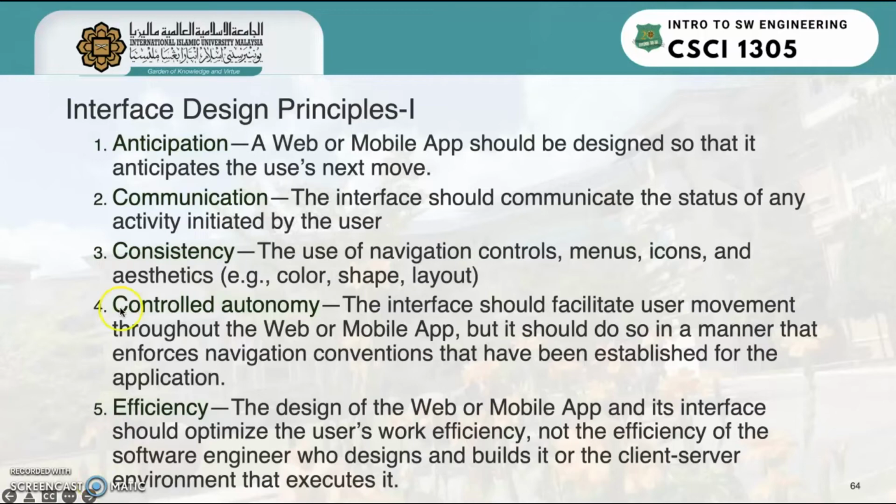Okay, the next one is consistency. Okay, so this is important for user interface design, that you use consistent design elements. Okay, for example, in terms of your themes, in terms of the way you organize your navigation, your menus, your buttons, your icons.